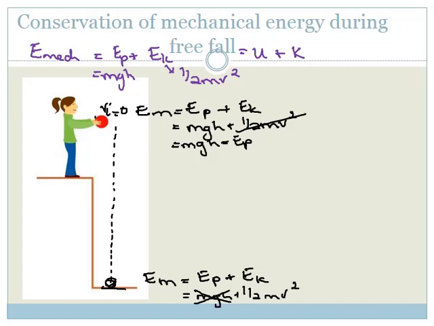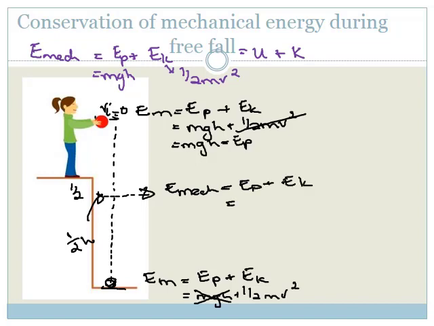Now let's talk about as it falls. Okay, so as it falls, let's make it a little bit easier before we talk about how it falls all the way. Let's talk about halfway. So as it's falling at halfway, what has happened is the height has become half the height. We're now looking at half the height, and that obviously is a full height. At that point there, it's half the height. So therefore, EMEC, remember that it's conserved, is equal to EP plus EK.